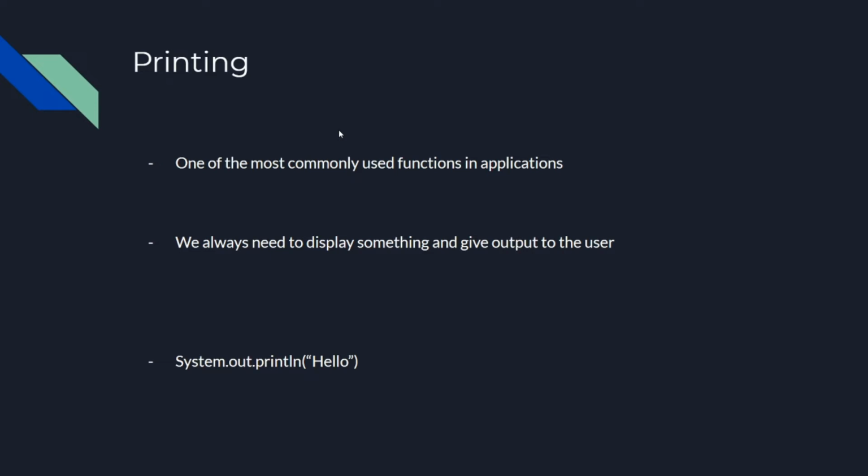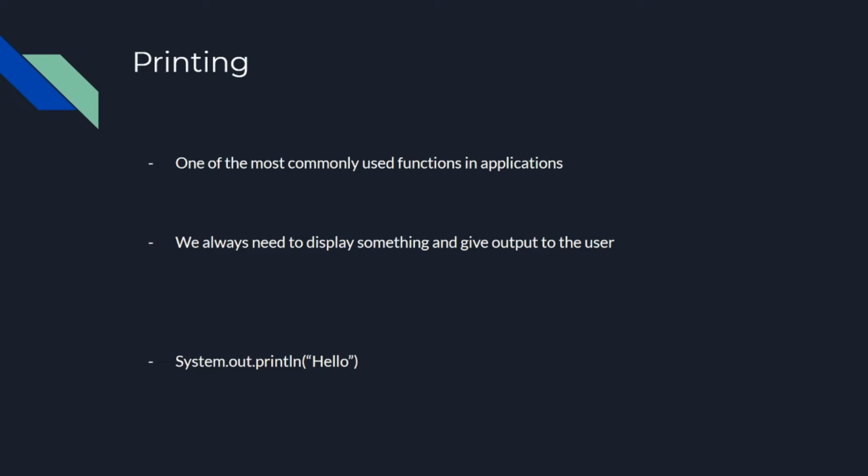Okay, so let's jump straight in. One of the most commonly used functions in applications, or in any program, is printing something out. That's because the computer always needs to display something or give output to the user. For example, if you're making a website, in Google you'll see the logo Google, and you'll see Gmail.